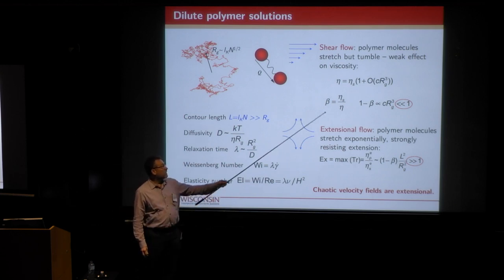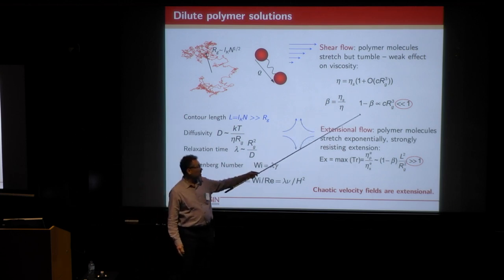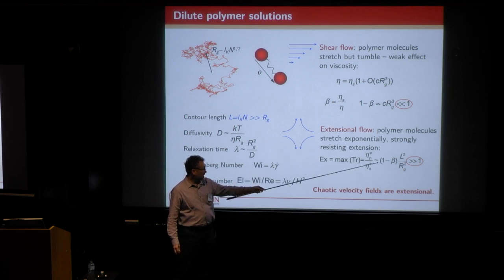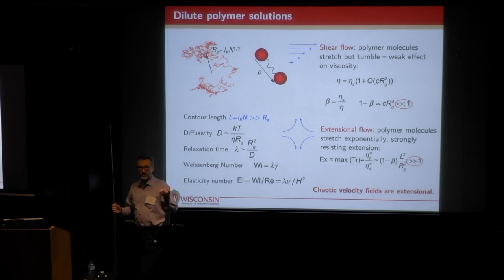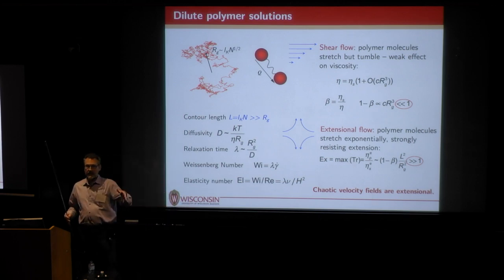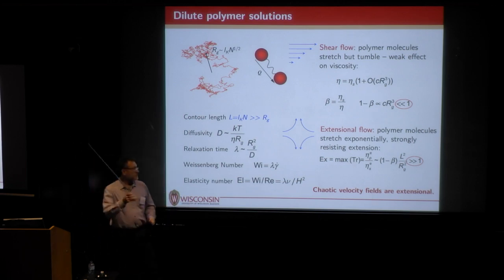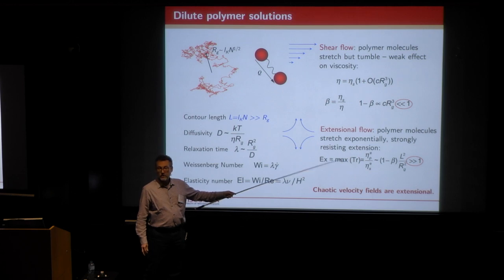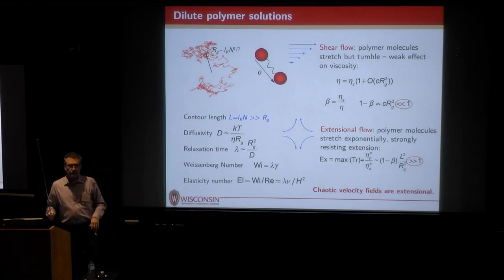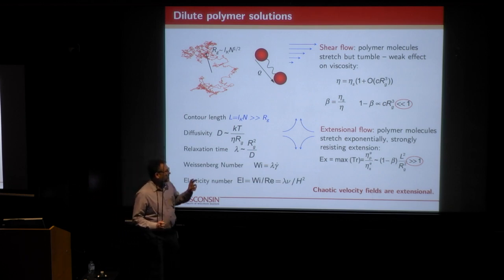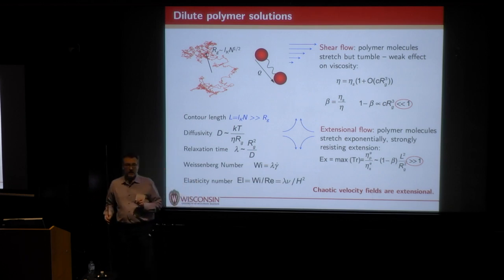Even when 1 minus beta is small, this extensional viscosity is 1 minus beta times some function of the ratio between the fully extended length and the equilibrium length. So this quantity can be very large even when you have a very dilute solution. That's key to the drag reduction phenomenon.